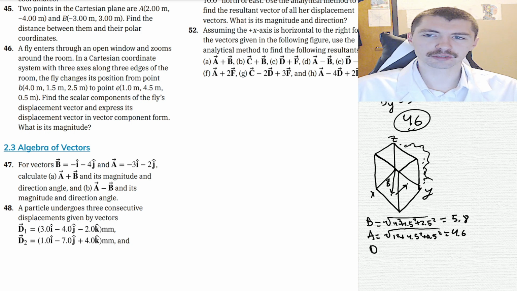So the displacement vector is going to be A plus B. It's going to be R, and R and D equals the negative resultant vector. Okay, so we want to take A plus B.